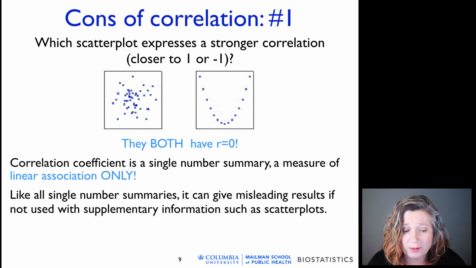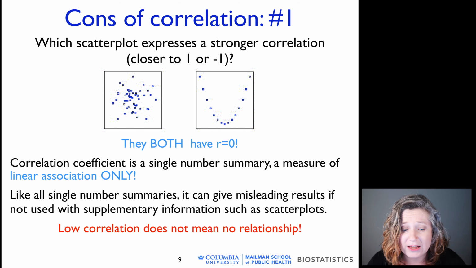Like all single number summaries, it can give misleading results if not used with supplementary information such as scatter plots. We always have to look at scatter plots when we compute correlation coefficient. Especially in this case, low correlation close to 0 does not mean that there is no association between x and y, that there is no relationship between x and y.